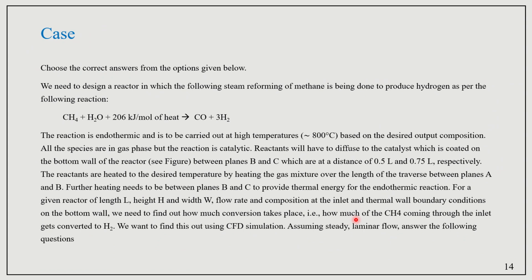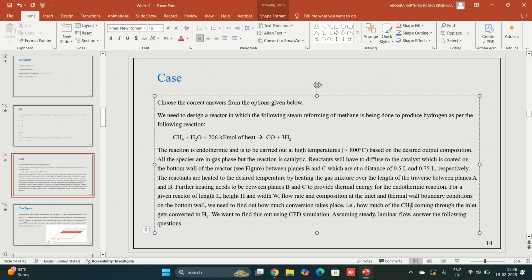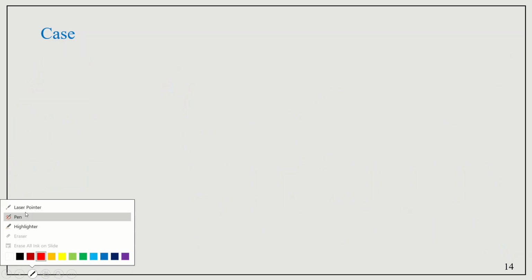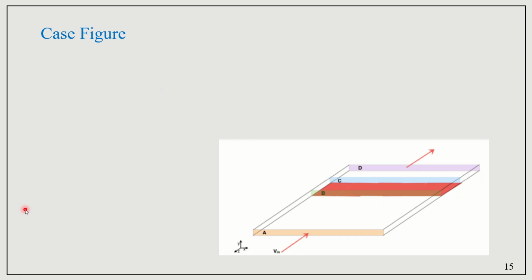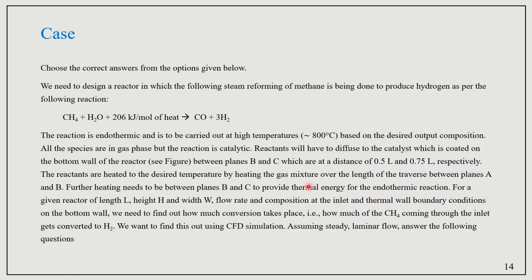That is, how much of the methane coming through the inlet gets converted to hydrogen. We want to find this out using CFD simulation. Assuming steady laminar flow, answer the following questions.